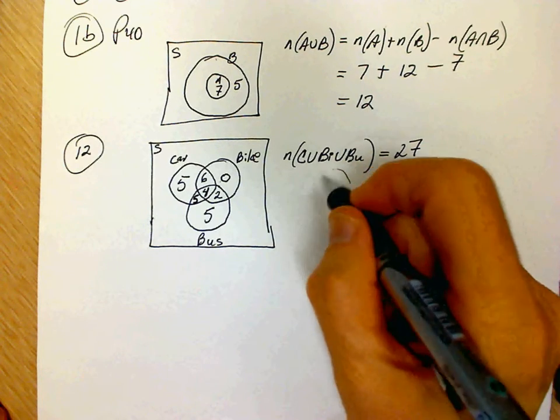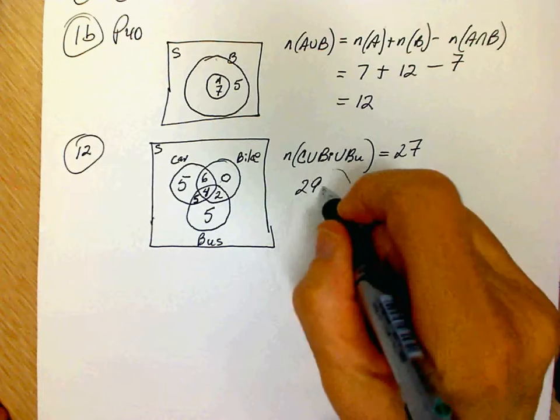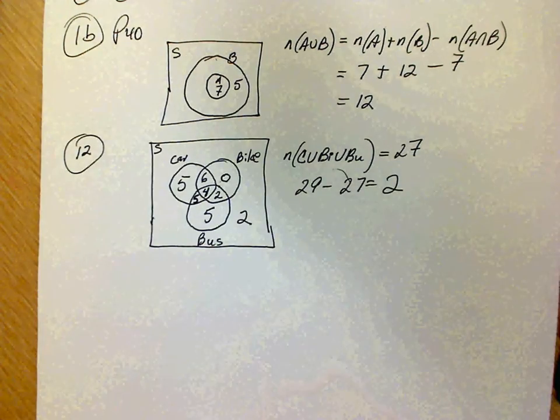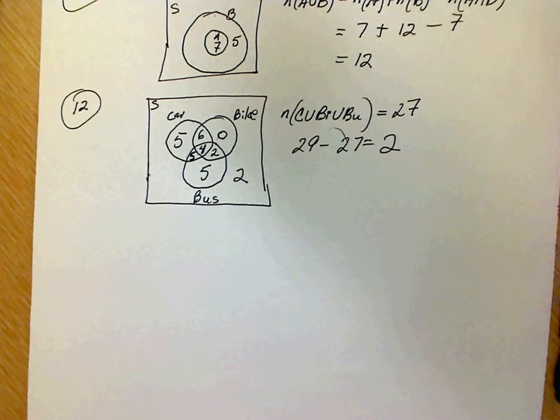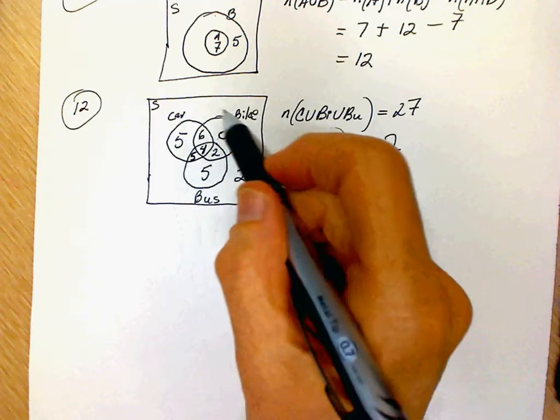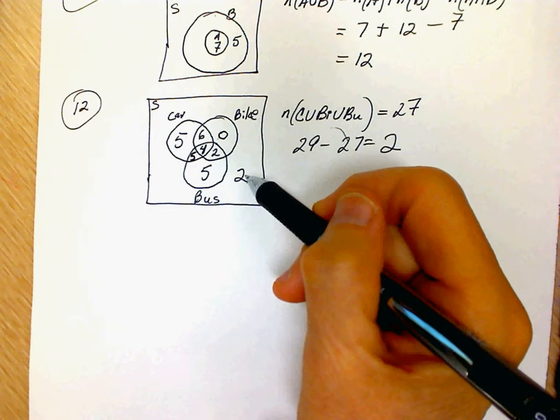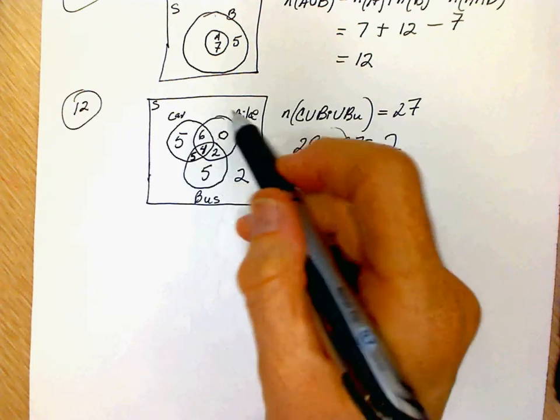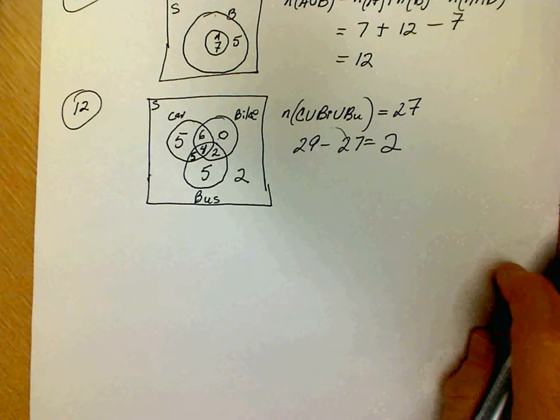So 29 minus 27 is equal to 2. So that is equal to 2. Is that okay? Some other method other than car, bike, or bus. So I guess they're walking or skateboarding or something besides car, bike, or bus.